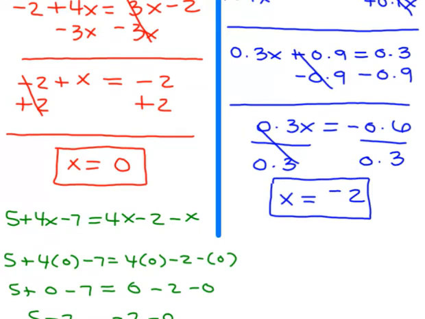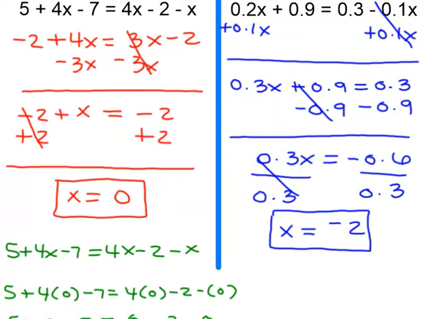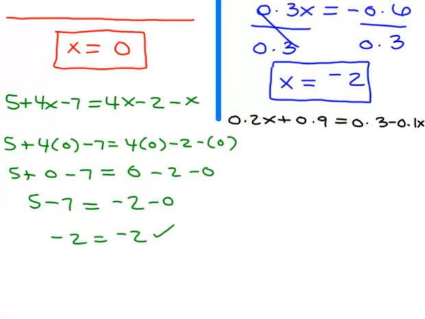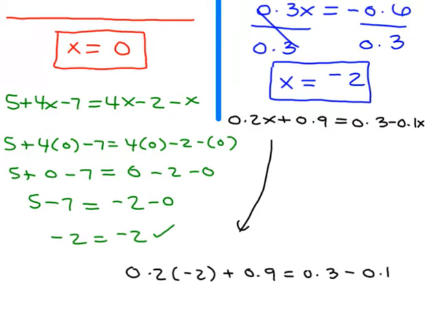But let's go ahead and check our answer. So it was 0.2x plus 0.9 equals 0.3 minus 0.1x. I'm going to have to go down here. So 0.2 times negative 2 plus 0.9 equals 0.3 minus 0.1 times negative 2.